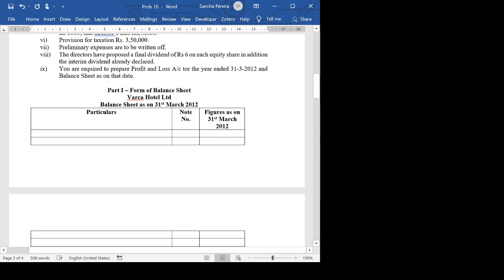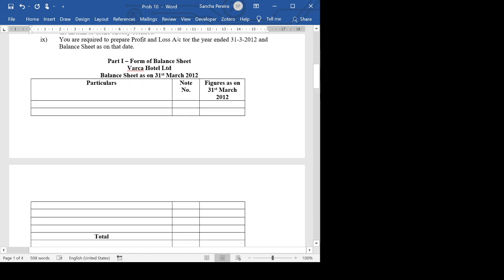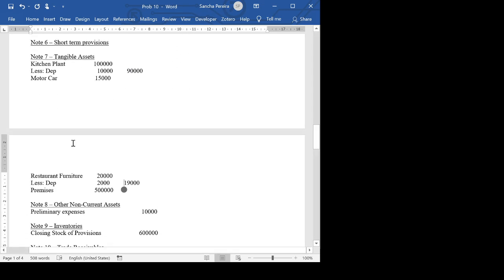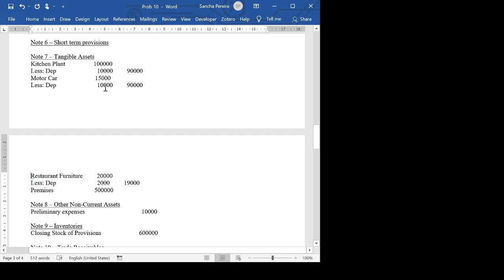Then there is motor car 3,000, so this comes to 12,000.